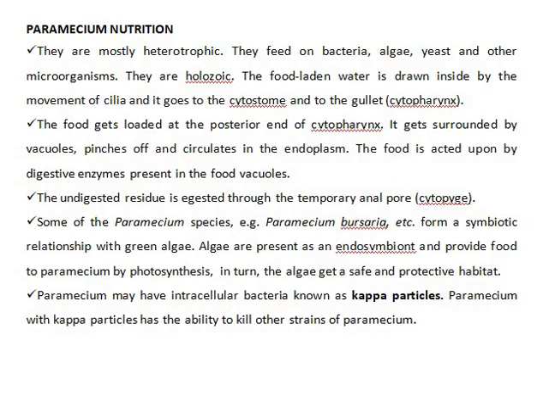Paramecium nutrition. They are mostly heterotrophic. They feed on bacteria, algae, yeast and other microorganisms. They are holozoic. The food-laden water is drawn inside by the movement of cilia and it goes to the cytostome and the gullet, the cytopharynx. The food gets loaded at the posterior end of the cytopharynx.